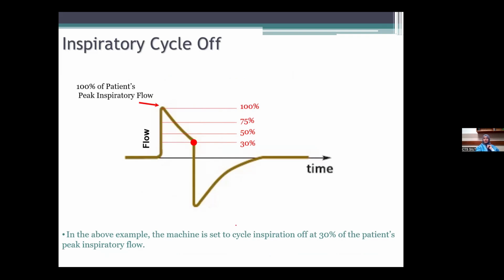So, for example, if you set it, let's say, at 75%, then maybe you are able to achieve a very small quantity of tidal volume and the ventilator is going into the expiratory phase. But if you maybe set it at 25%, 30%, then it is able to deliver an adequate amount of tidal volume to the patient if the patient may be in need of it.